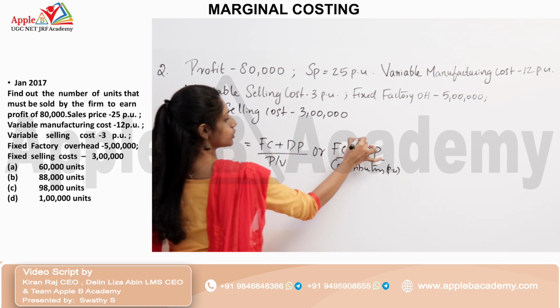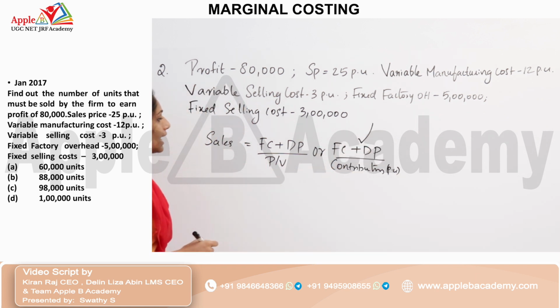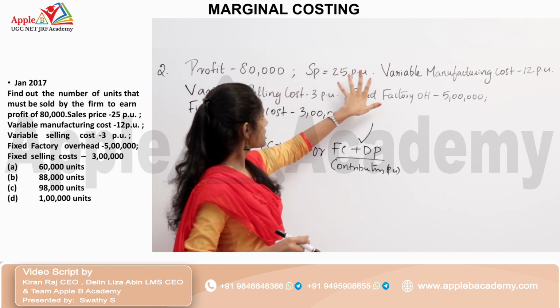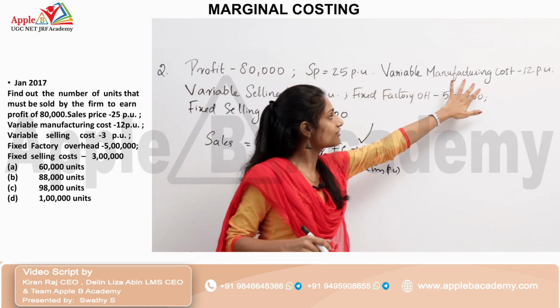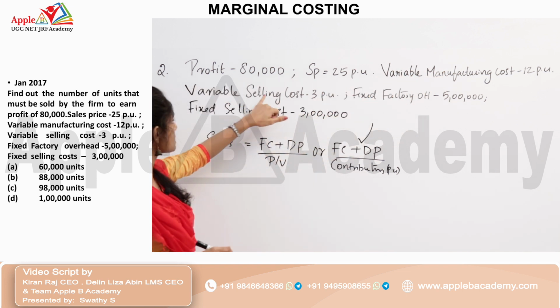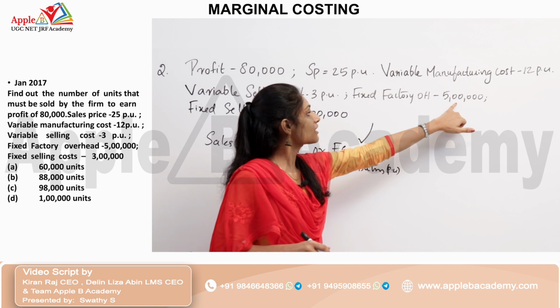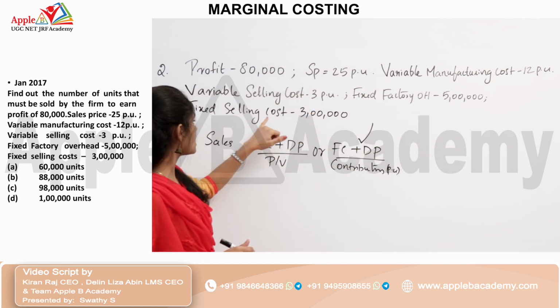So here you have to use this equation. Profit is 80,000, selling price is 25, variable manufacturing cost is 12 and variable selling cost is 3. Fixed factory overhead is 5 lakh and fixed selling cost is 3 lakh.